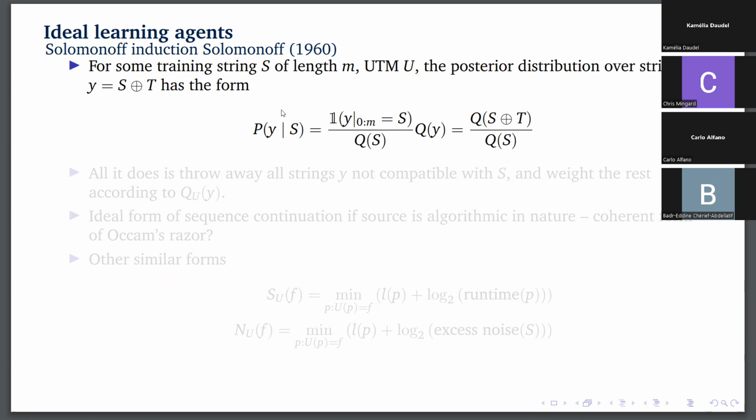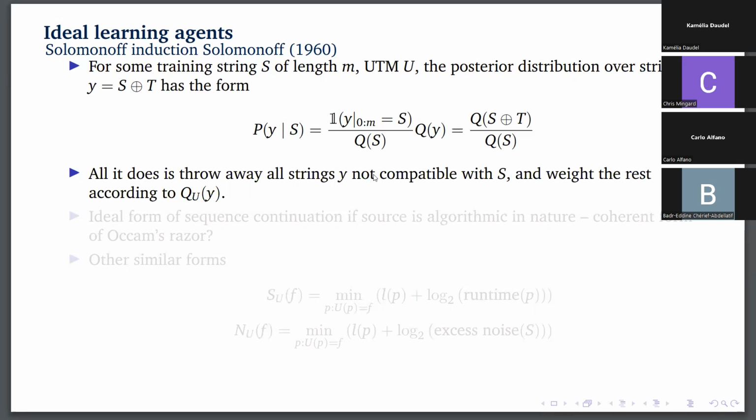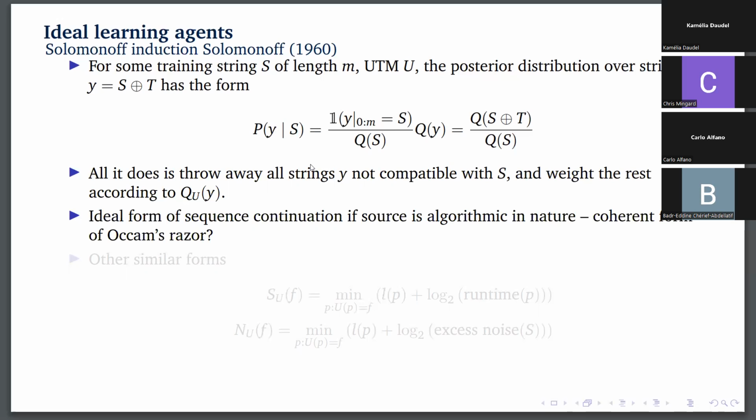You have this prior probability over strings, and if you show your learning agent some training string s of length m and ask it to predict the next parts of the string, it will throw away all the strings that are not compatible with the training string, and then weight the rest according to the universal prior probability. So it's massively biased towards the simplest program that produces the string it has. This has been stated to be the ideal form of sequence continuation if the source is algorithmic.